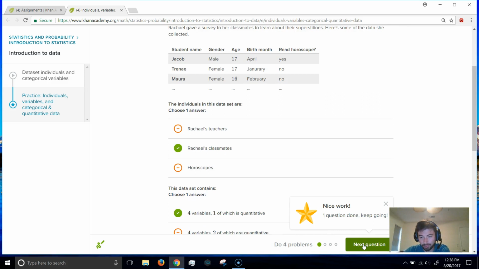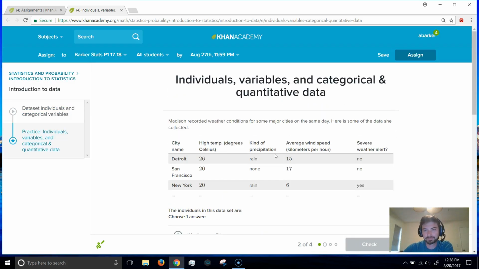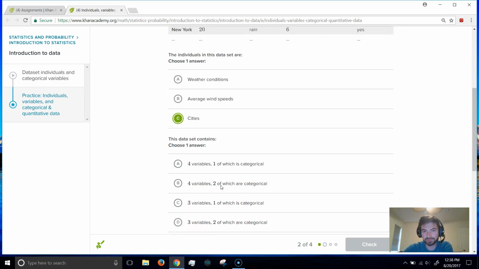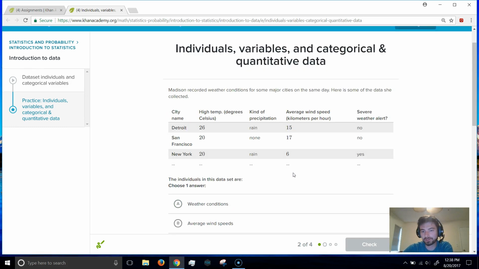So I'm going to go through all 4 of them rather quickly now, kind of giving you what it looks like. So here, they're tracking city names. So cities, there's 1, 2, 3, 4 variables. And this is asking for categorical. So categorical is sort of a category, and here's this type of precipitation, so like rain or maybe mist, no rain, like none.